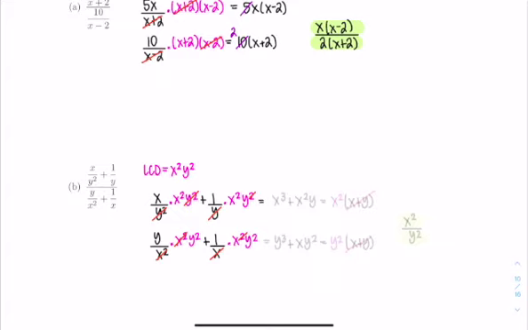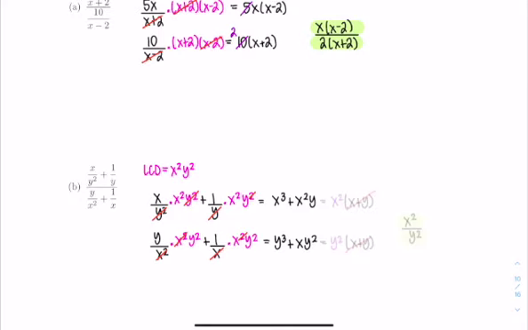So what we have left over is x times x squared, which is x cubed. And then we have 1 times x squared times y, or just x squared y. And in the denominator, we have y times y squared, which is y cubed. And then 1 times x times y squared, or xy squared.